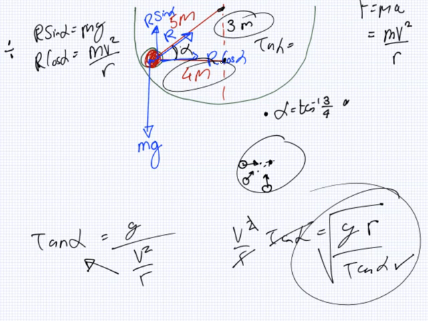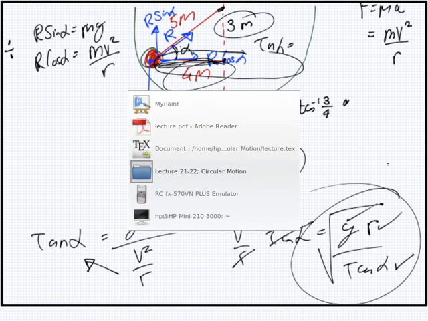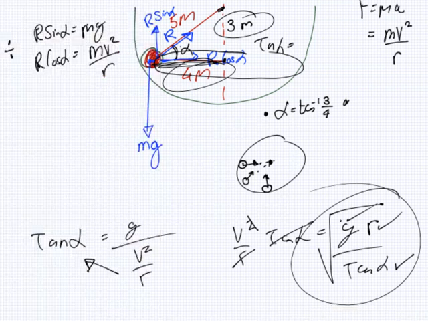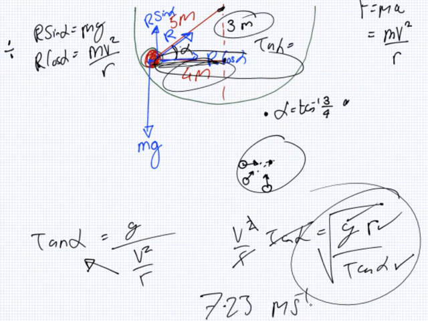Yeah, 4, because it's the radius of the circle that it's moving in. So this we know, and this we know. Square root of 9.81 times 4 over 3 over 4. 7.23 meters per second is the answer here.